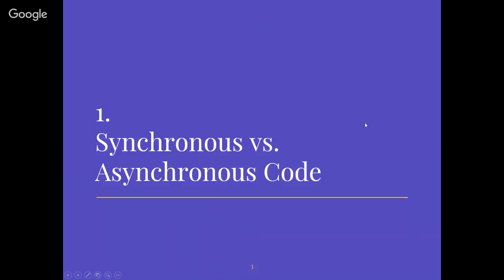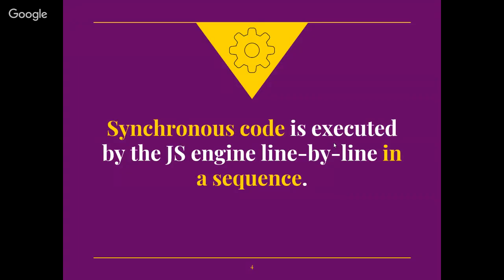First off, let's make a comparison between synchronous and asynchronous code. Synchronous code is executed by the JavaScript engine line by line in a sequence. So nothing new here. I mean, we mentioned this during a previous webinar.